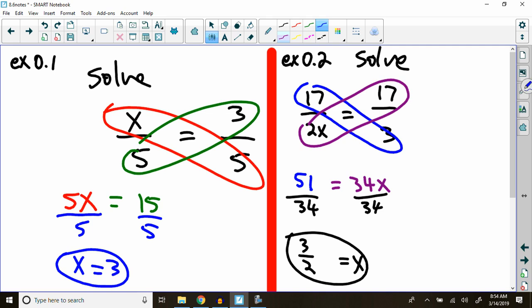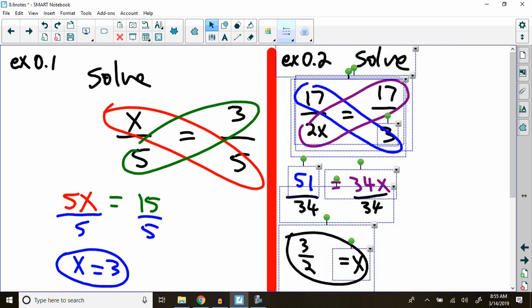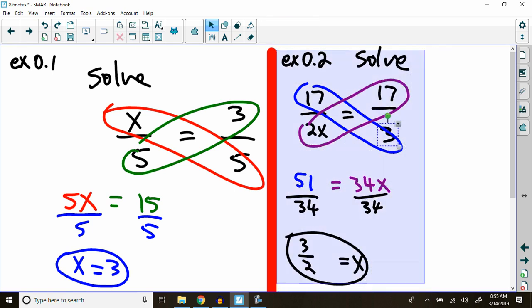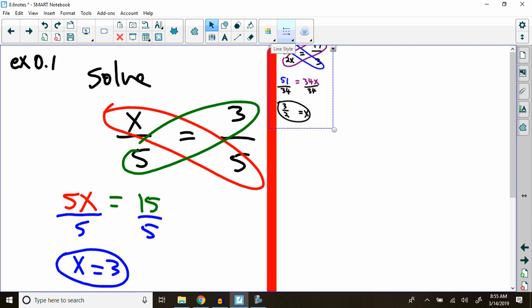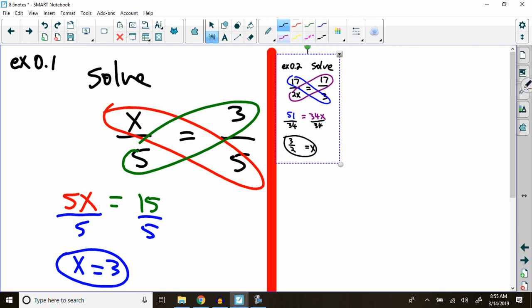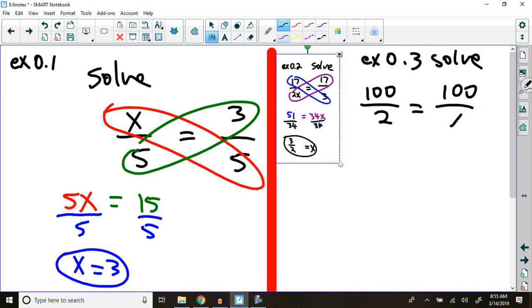I want to try another one like example 0.2, but maybe a little bit easier so we can see this more clearly. Try example 0.3. Example 0.3, solve 100 over 2 equals 100 over x.